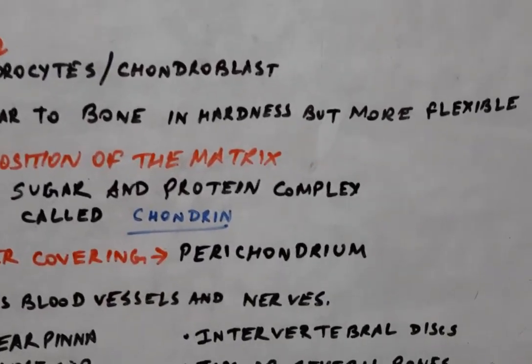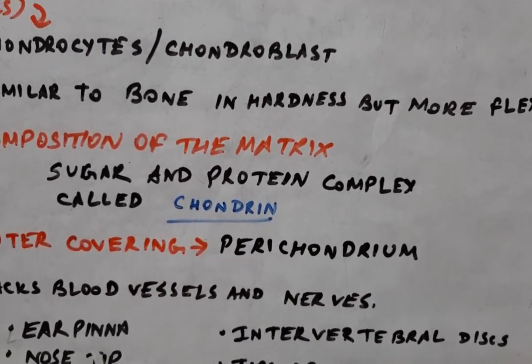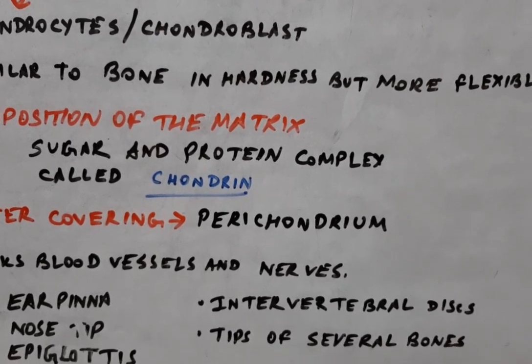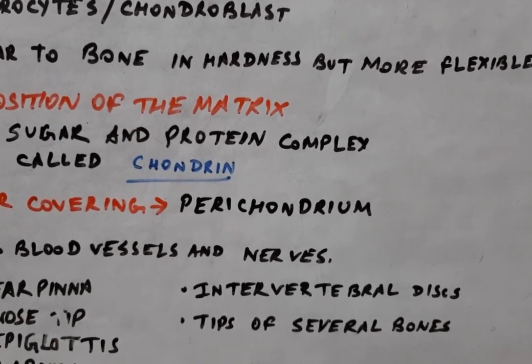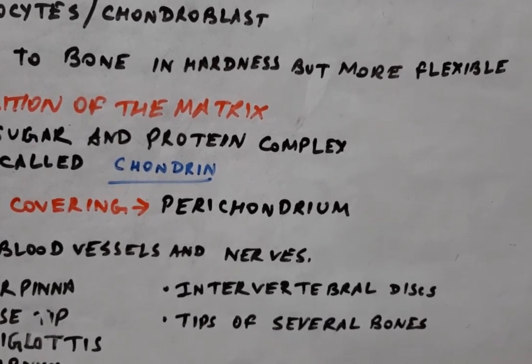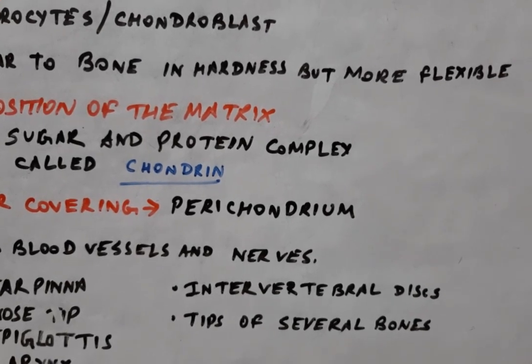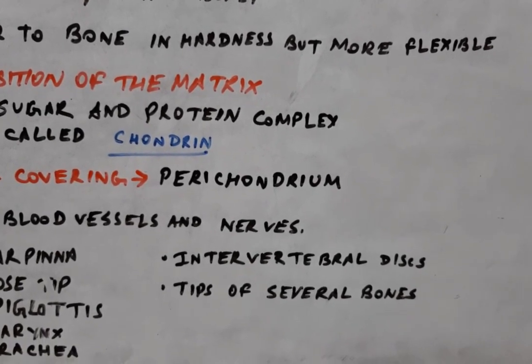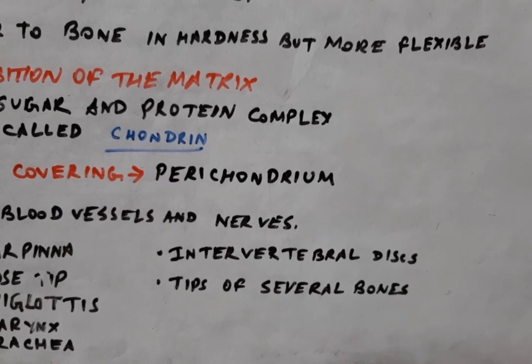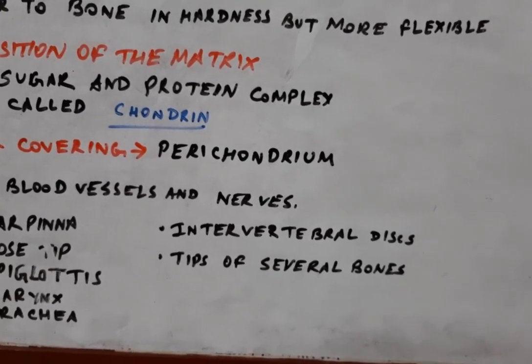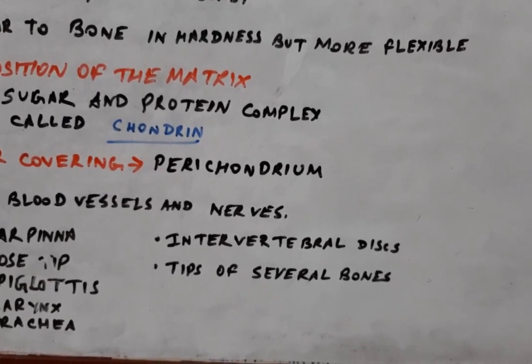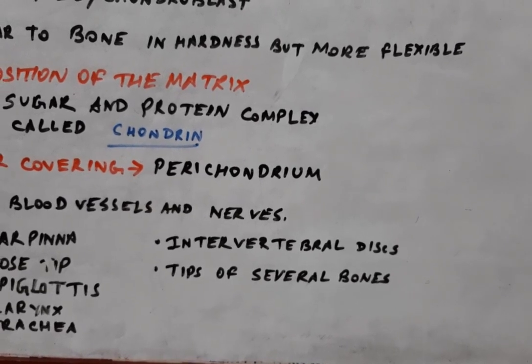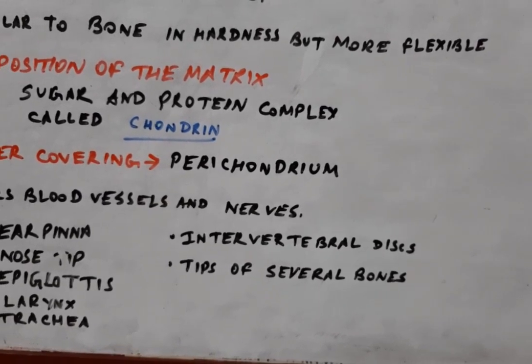The matrix of cartilage is composed of a sugar and protein complex known as chondrin. The outer covering of the cartilage is known as perichondrium. Cartilages lack blood vessels and nerves.